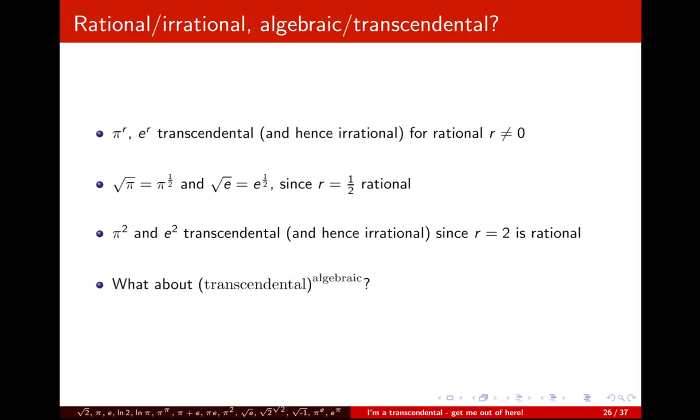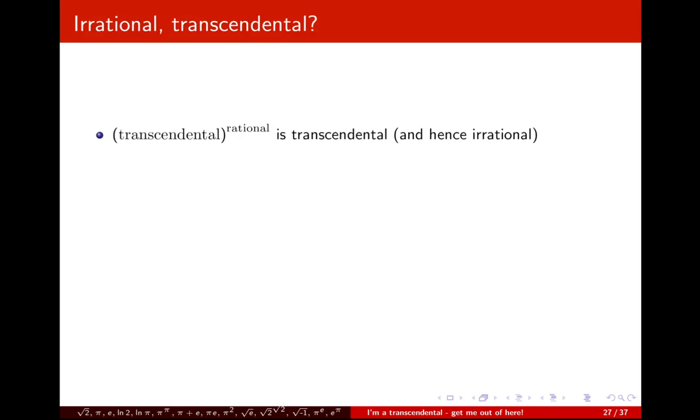What about if we raise a transcendental number to an algebraic power, as opposed to a transcendental number to a rational power? So, for example, if we take pi as the transcendental number and raise that to a rational power, well, that is also transcendental and hence irrational.